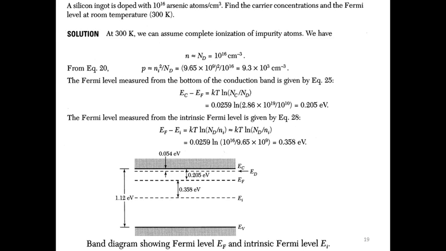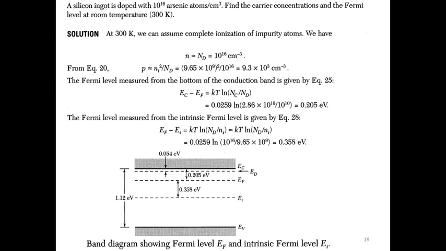The Ni value is already given here, and from that you can easily calculate the hole concentration, 9.3 times 10 to the 3 per centimeter cube. Then we can calculate the Fermi level measured from the bottom of the conduction band, that is Ec minus Ef. The kT value is constant, 0.0259 electron volt, which we put in here. Then the Nc value is also given, 2.86 times 10 to the 19, which here was mistakenly given as 10 to the 10; it should be 10 to the 16. From that we get the value of Ec minus Ef equal to 0.205 electron volt.